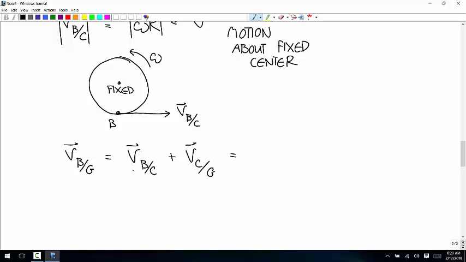Velocity of B relative to the center is the one we just did. That's positive omega r, 0. The velocity of the center relative to the ground, that's this one.